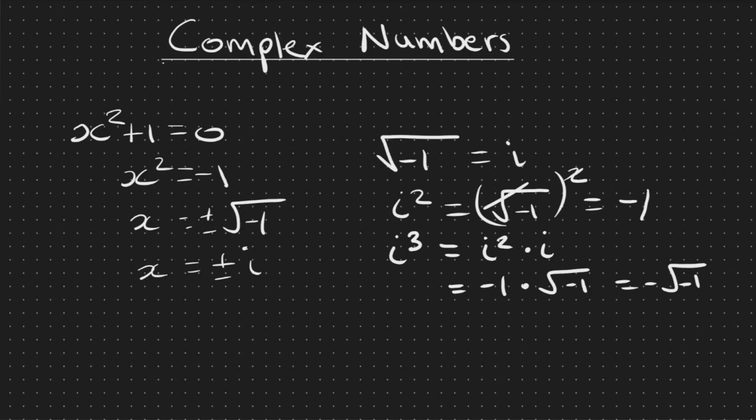And then you might ask, well, what is i to the power of 4? i to the power of 4 is i squared times i squared. So that would be equal to minus 1 times minus 1, which is equal to 1. So as you can see, this imaginary number can be used in so many different ways, and it will help you with solving equations that were previously impossible to answer.